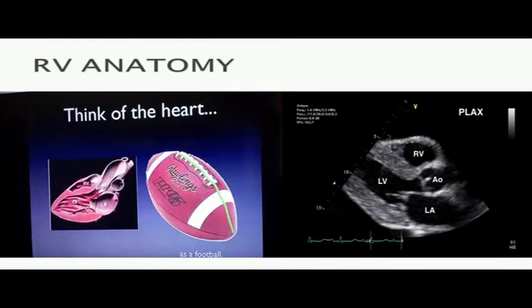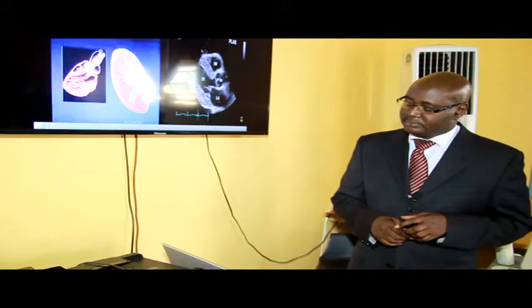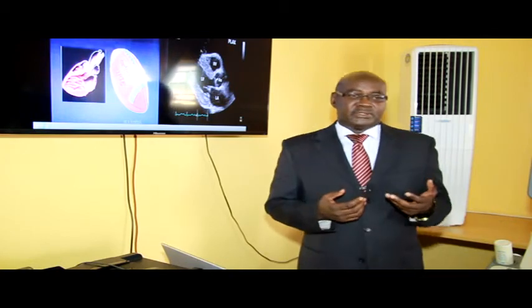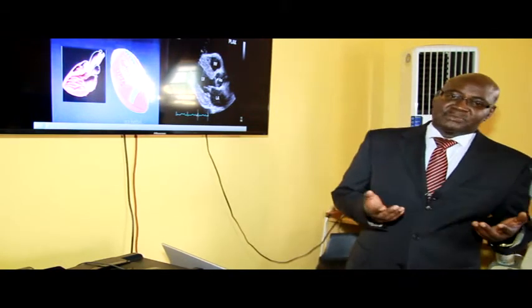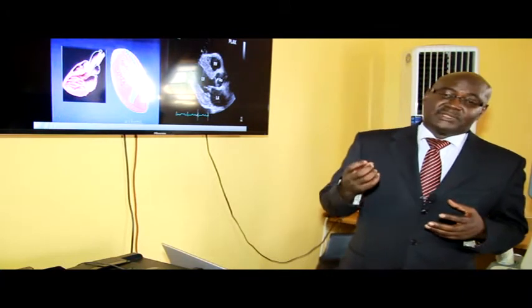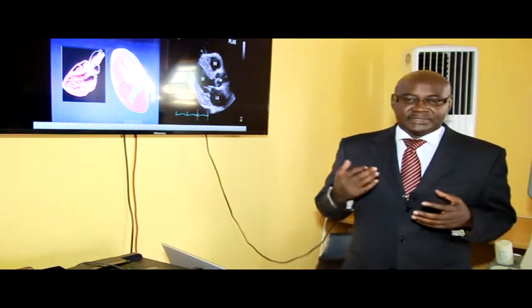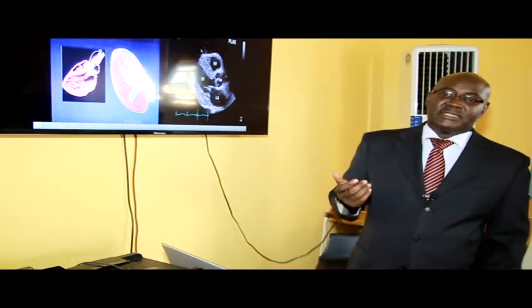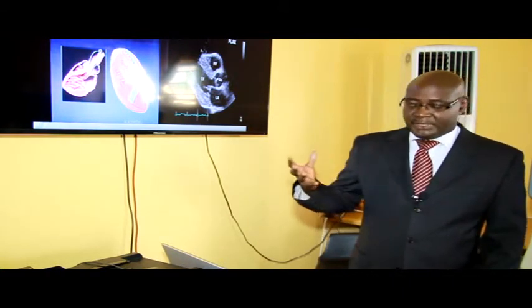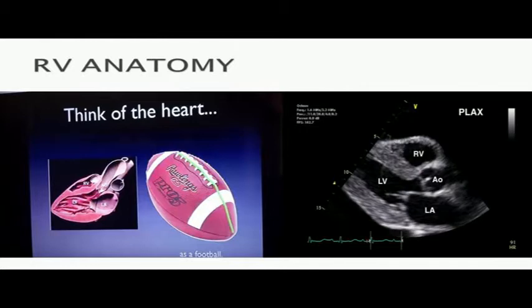This is the wall of the right ventricle, which looks thinner as compared to the wall of the left ventricle, which is lying at the bottom. For obvious reasons which I've mentioned, the right ventricle only pumps blood to the lungs. Therefore, its muscle thickness is not comparable to the left ventricle, which has to pump blood to the rest of the body. So the left ventricle requires more force, and therefore it has a thicker muscle.